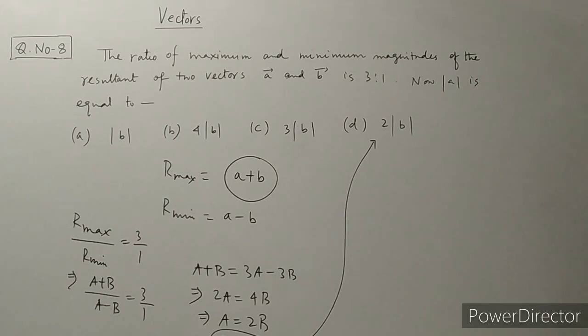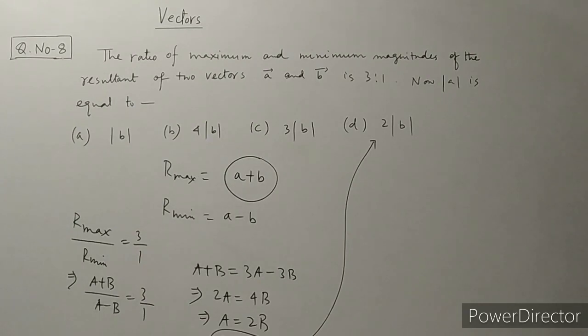Fine. So you just have to calculate the maximum and minimum magnitude of the resultant. This is the question. Simple fundamentals. The maximum value of the resultant of a and b will be a plus b. The minimum value of the resultant of a and b will be a minus b. So according to the question, a plus b by a minus b is given as 3:1.